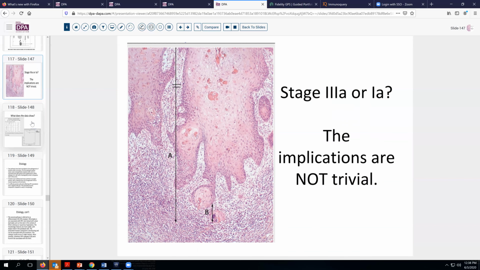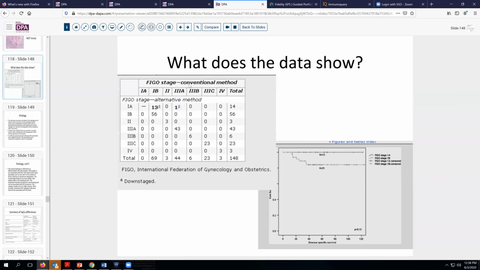And so it's understandable, perhaps, why with low numbers of these sorts of cases, their survival curve looks so great. So this is what their survival curve looks like using their 1A cases, and they had no disease-specific recurrences. And the 1Bs had a few. But I think we're going to need to continue to watch this.